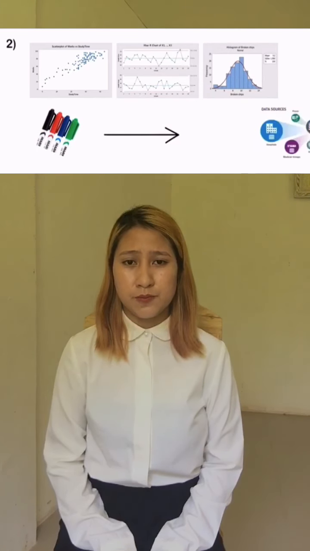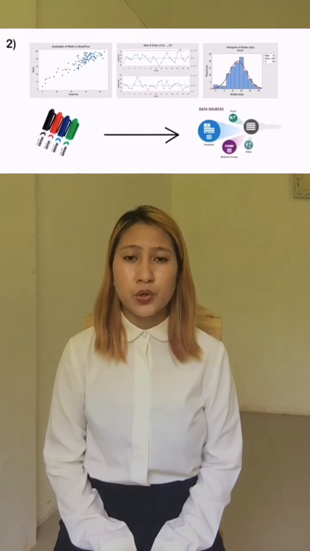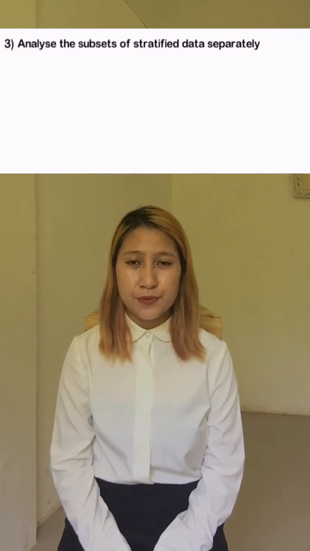Second, when plotting or graphing the collected data in a scatter diagram, control chart, histogram, or other analysis tools, use different marks or colors to distinguish data from various sources. Data that are distinguished in this way are said to be stratified. Third, analyze the subsets of stratified data separately.